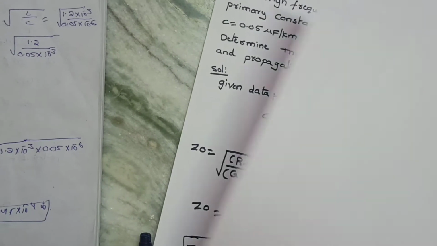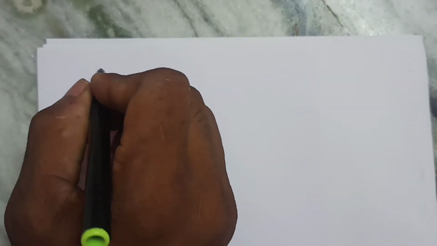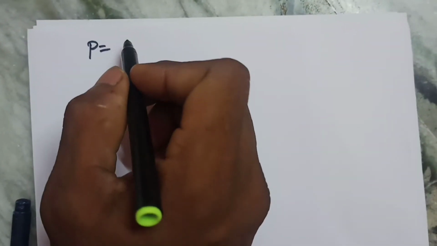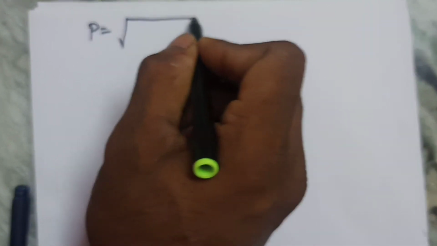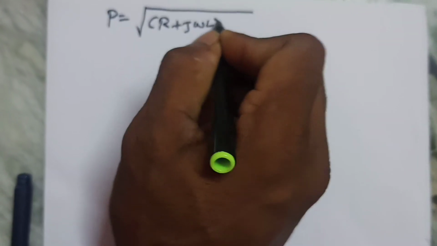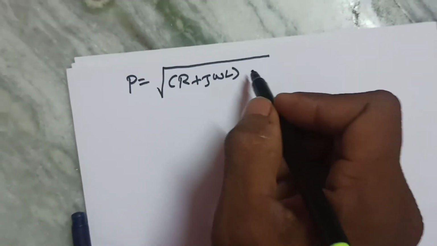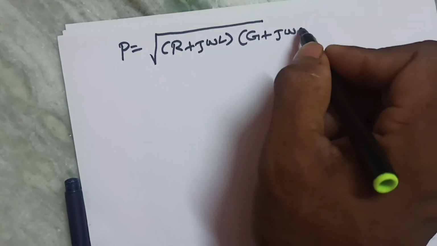Then we have to determine the propagation constant value. The propagation constant P is equal to the square root of (R + jωL) into (G + jωC).